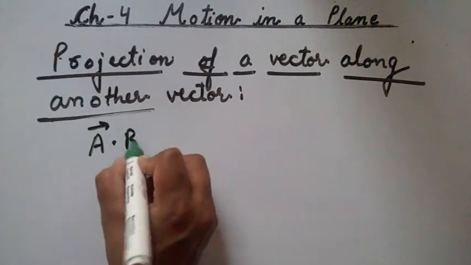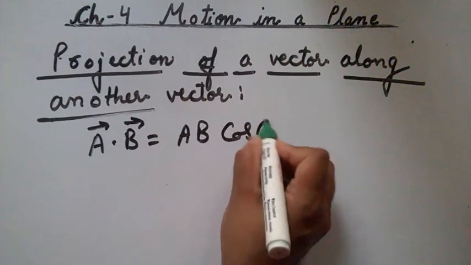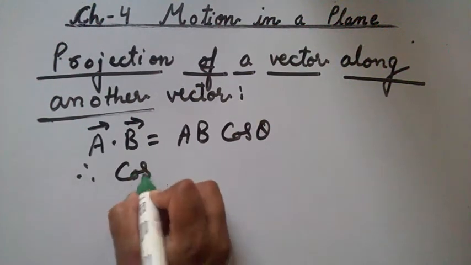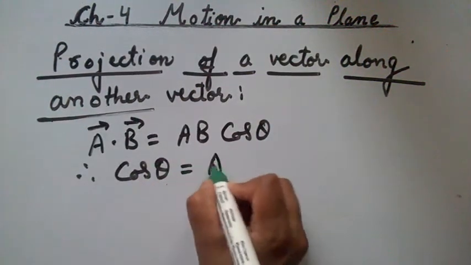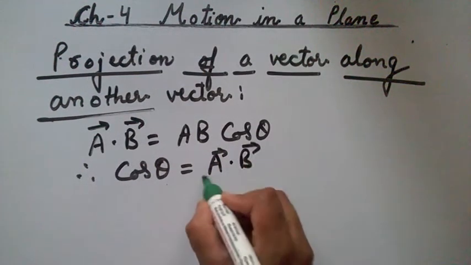A vector dot B vector equal to AB cos theta. Therefore, cos theta is equal to A vector dot B vector by AB.